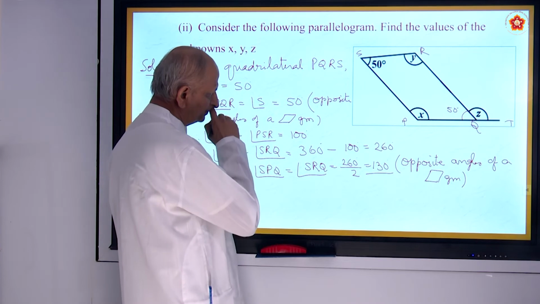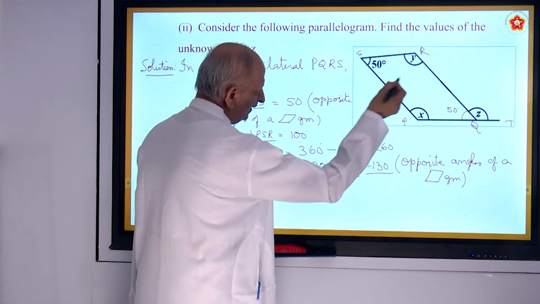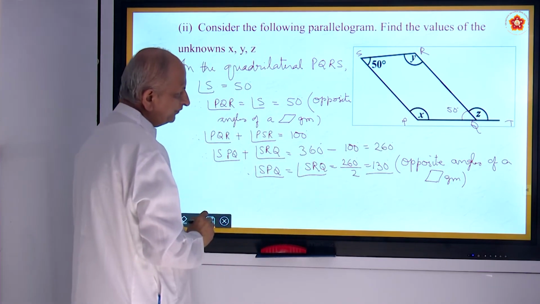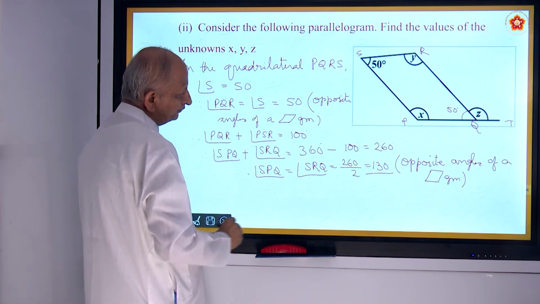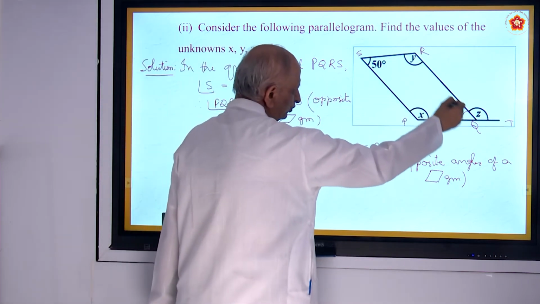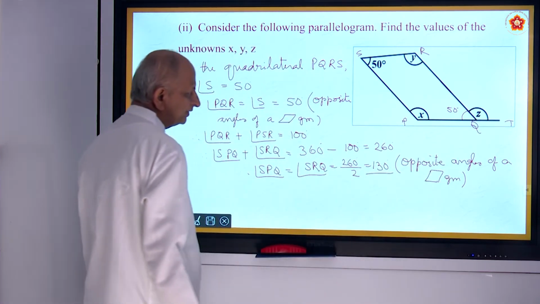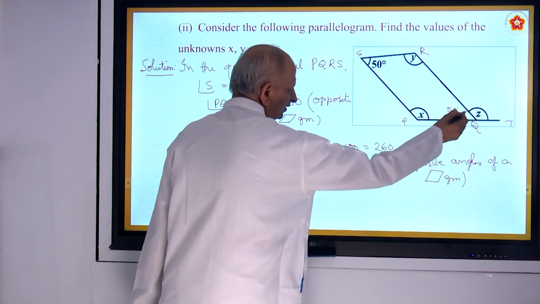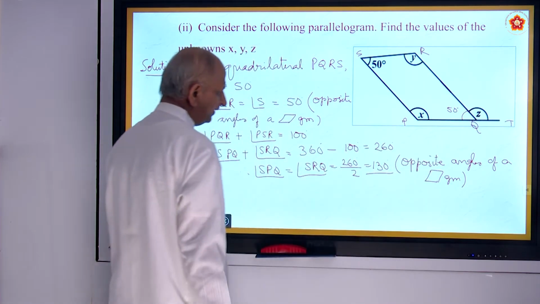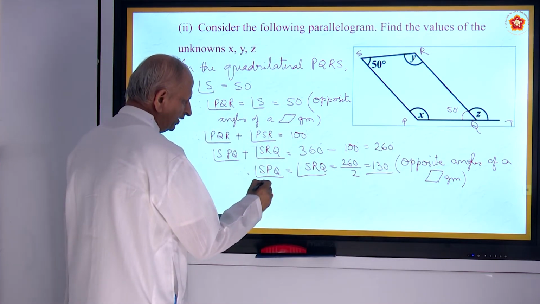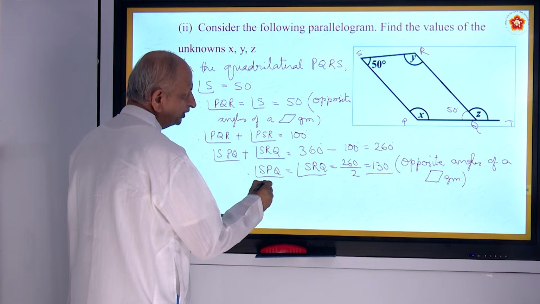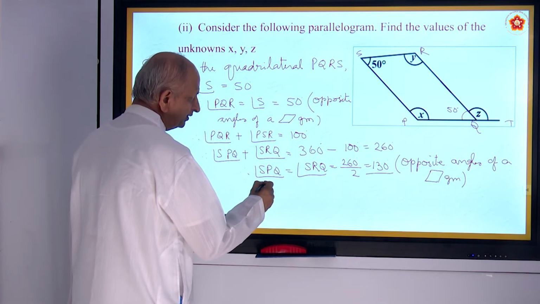So, next we have to find z now. How to find z? We know that RQ is a line standing on the line PT. Therefore, these two angles are supplementary, correct? So, I will write here what you have got now.